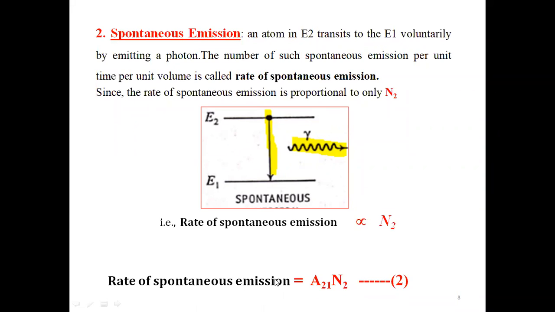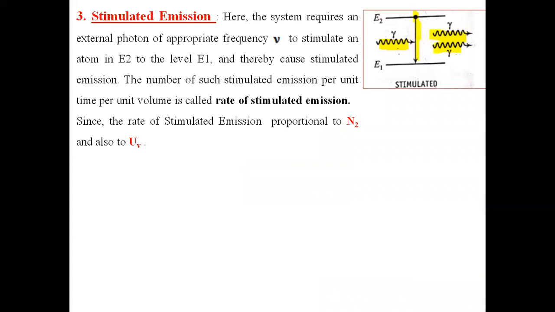That's it. And the third, or final, thing which is going to happen is stimulated emission. As soon as I make the energy incident, there will be emission of radiation, and the atom in the excited state comes back to the ground state by emitting 2 photons. This is known as stimulated emission.